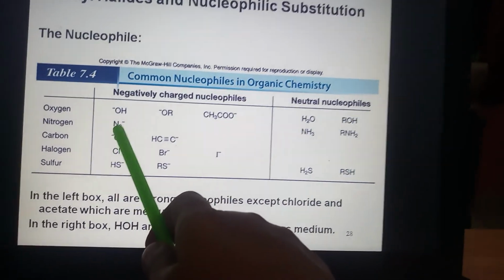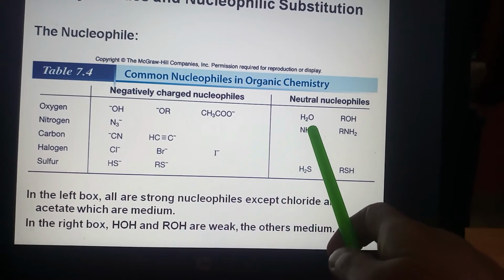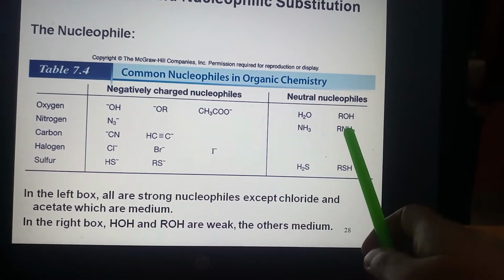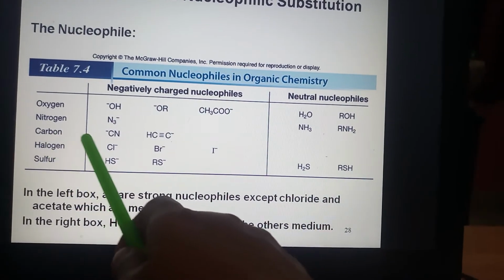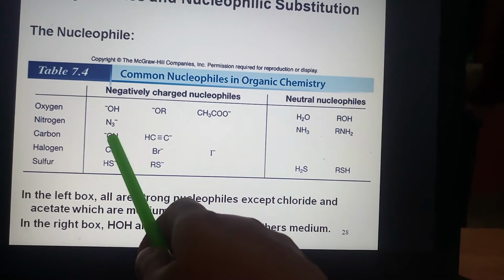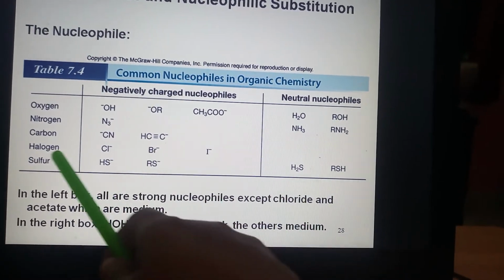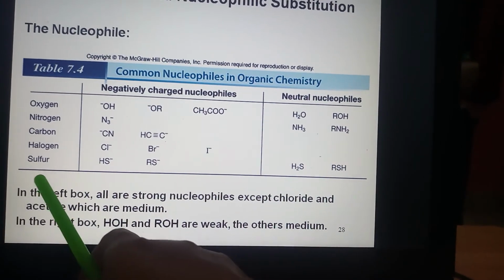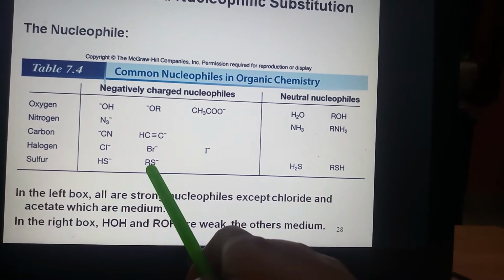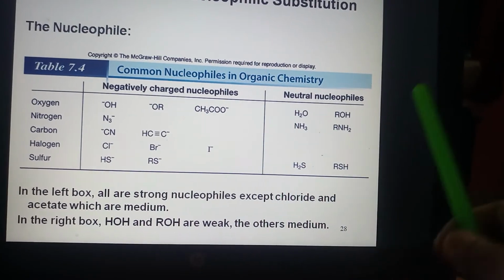The nitrogen containing nucleophile is the azide anion, N3-, and the neutral ones are ammonia or amine. For carbon containing nucleophiles, it is cyanide ion, CN-, or acetylide anion. For halogens, it is chloride, bromide and iodide. For sulfur, it is SH- or RS-, and the neutral ones are H2S or RSH.